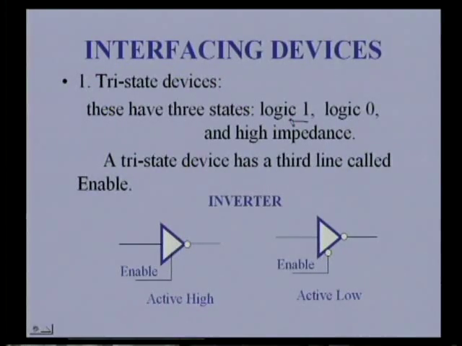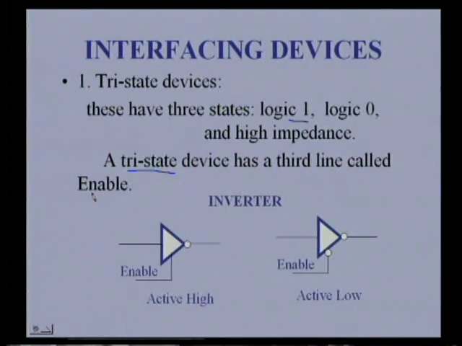You know, logic 1 and logic 0 states are common for all digital circuits, but this tri-state device has an extra state called high impedance state. When a tri-state device is in this third state, it behaves as if it is disconnected from the rest of the circuit.